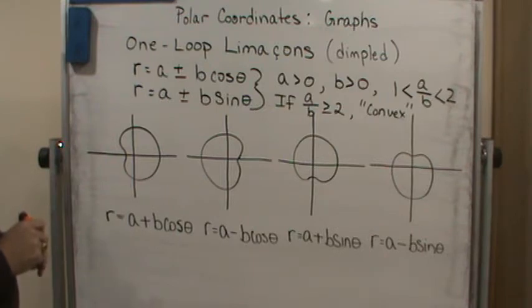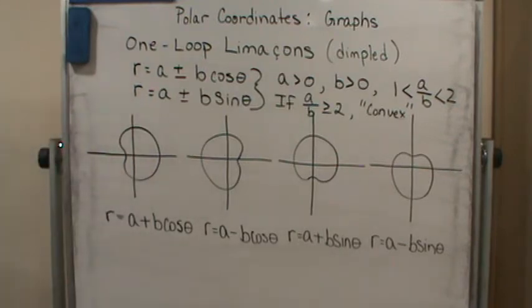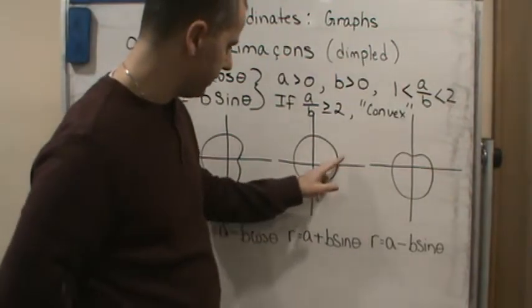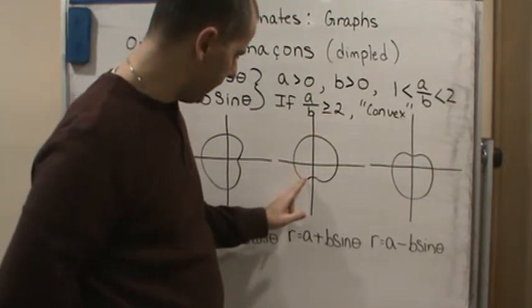What else? Oh, and then there's also the two-loop, or what's called the inner loop. We'll talk about that, where some of the Limaçons, instead of a dimple, will have this curve with a loop here.